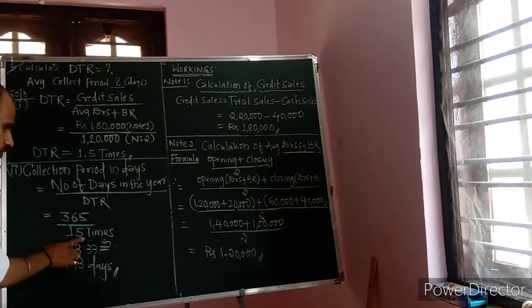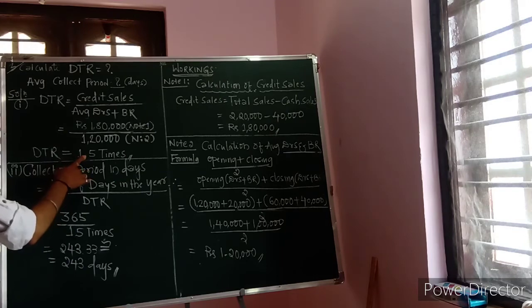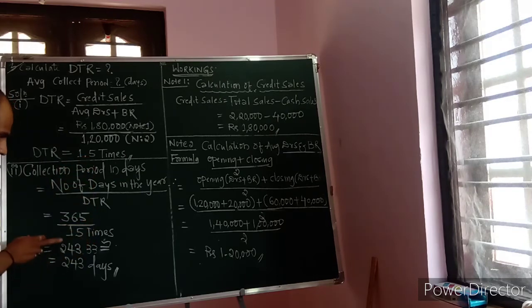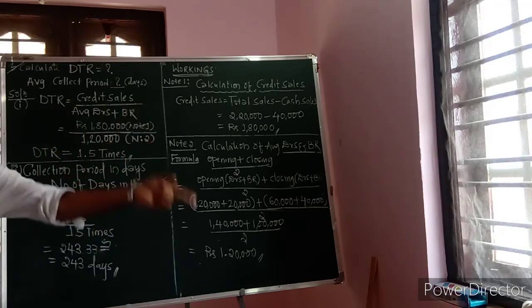The debtors turnover ratio is 1.5 times as we calculated here. 365 divided by 1.5 times equals 243.33. Approximately we can say 243 days. It means every 243 days, you will be receiving the money from the customers.